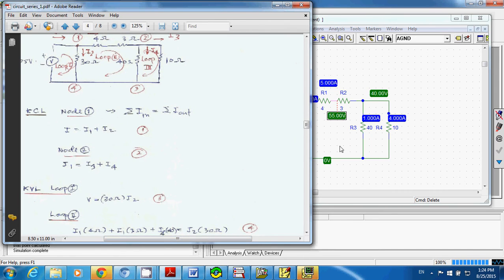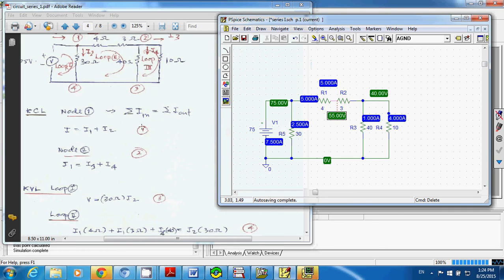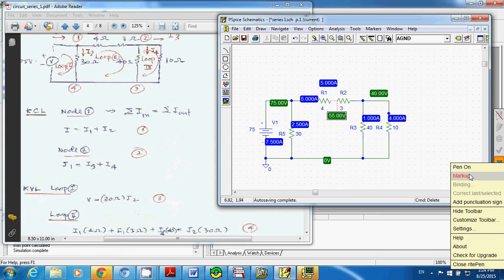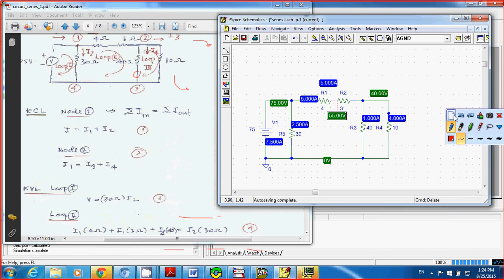Let's take a look at equation number 1 here. You have I equal to I1 plus I2 from the circuit. What is your I? Your I is right here, 7.5 amps, right? And I1 is the current flowing through the 4 ohm resistor, 5 amps, and then you have 2.5 amps.